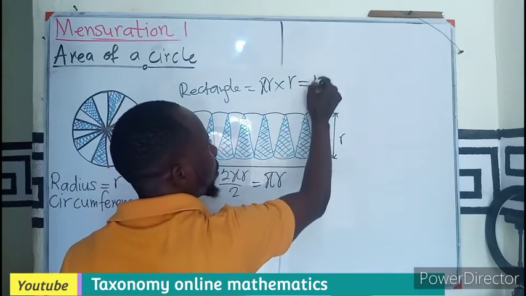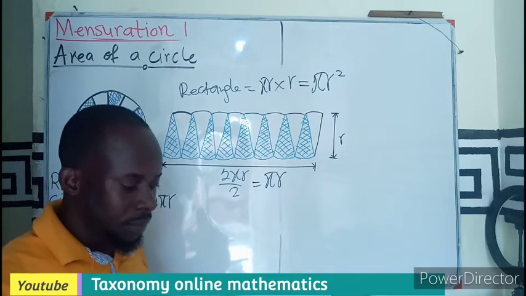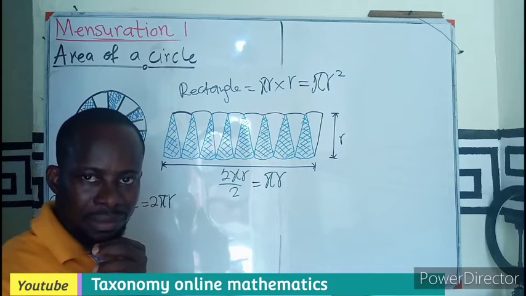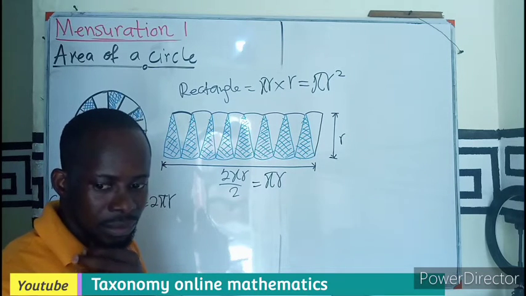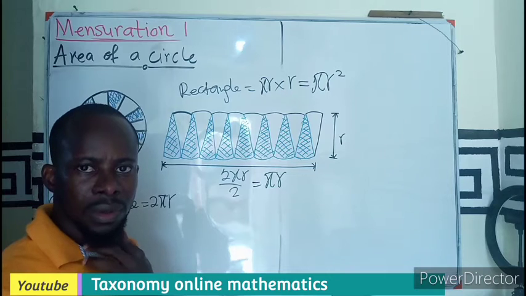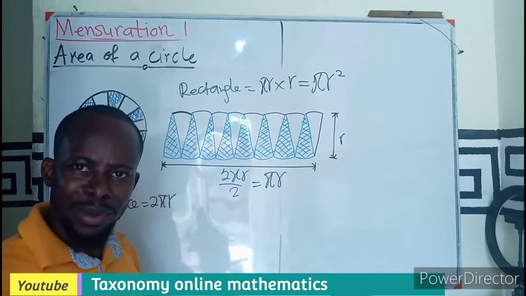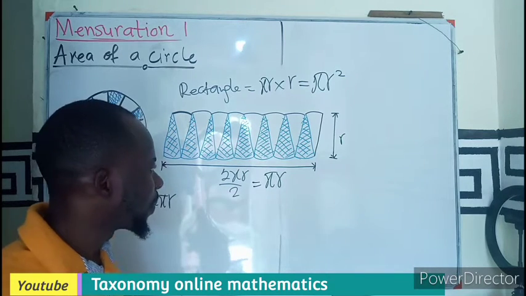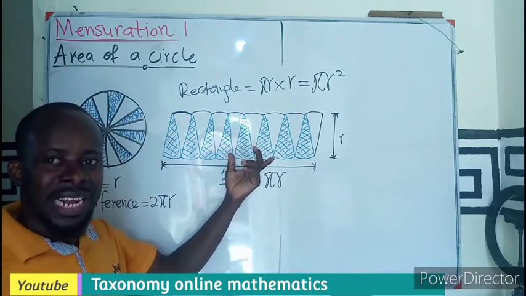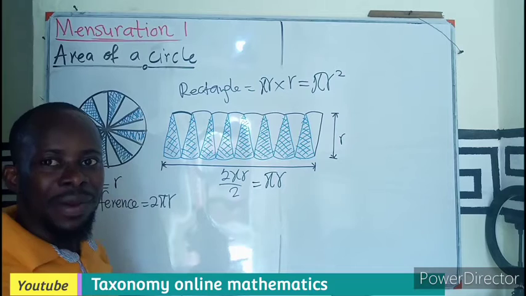And that will give us pi r squared. So since the rectangle is nothing but the circle, the area of the rectangle is the same as the area of the circle.